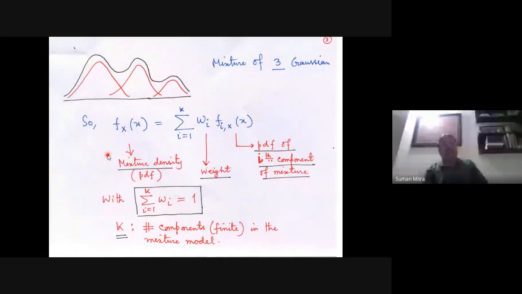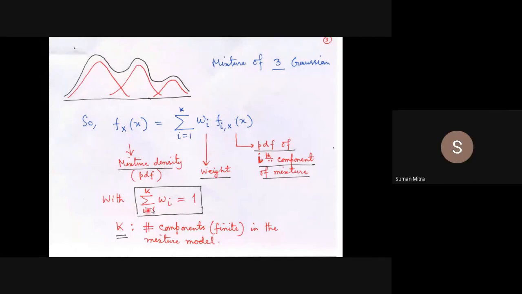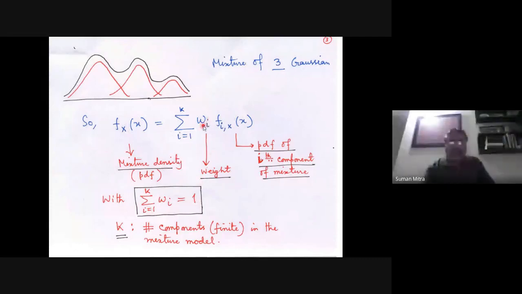And there is one more criterion that we need to follow: the summation of Wi must be equal to 1. Each Wi is between 0 and 1, and k is the number of components, finite, in the mixture model.